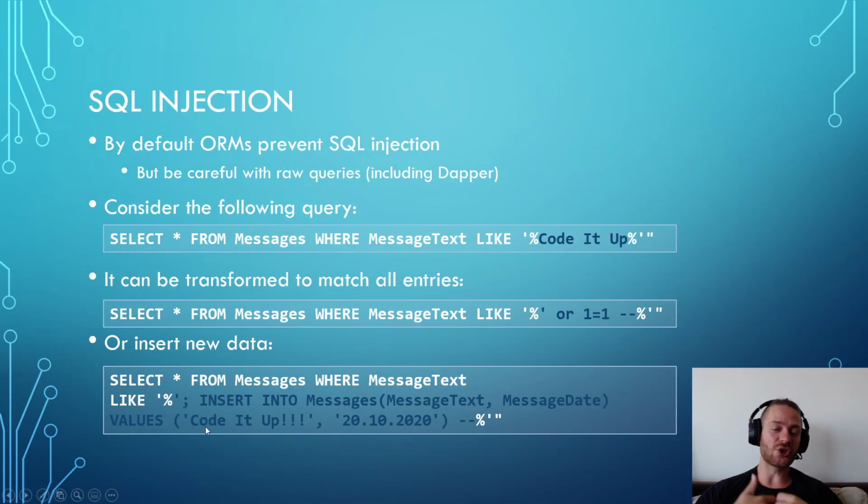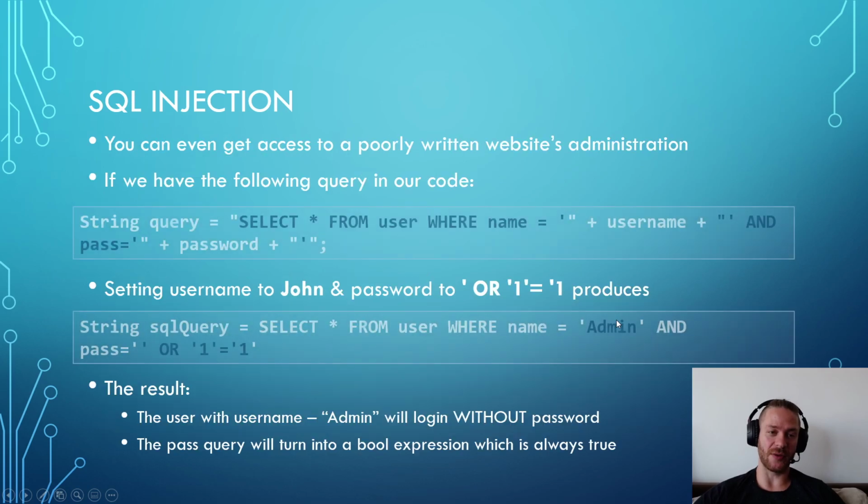So essentially we're transforming the original query to add additional queries to it which are not authorized, for example inserting data, fetching data, and so on.